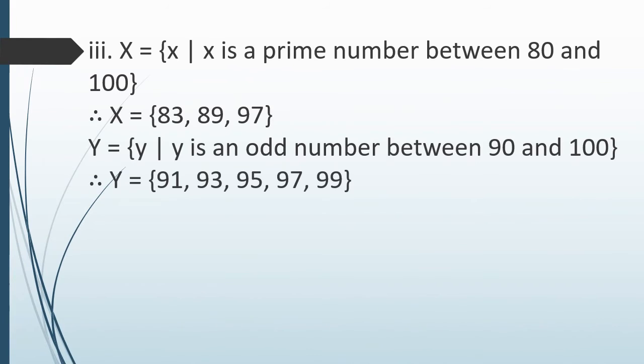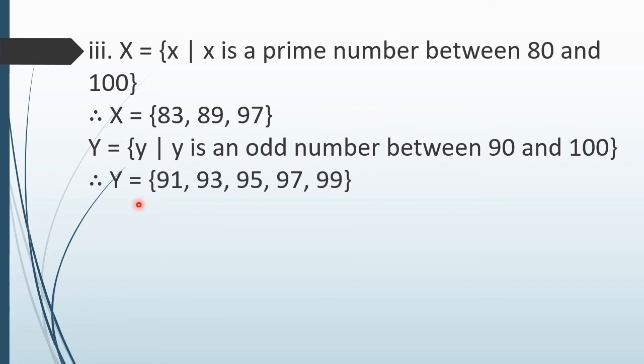Third question. X is the set of all x such that x is a prime number between 80 and 100. Therefore, X is equal to {83, 89, 97}, and Y is the set of all y such that y is an odd number between 90 and 100. We already know what odd numbers are.